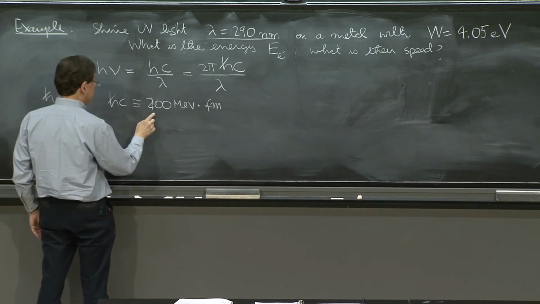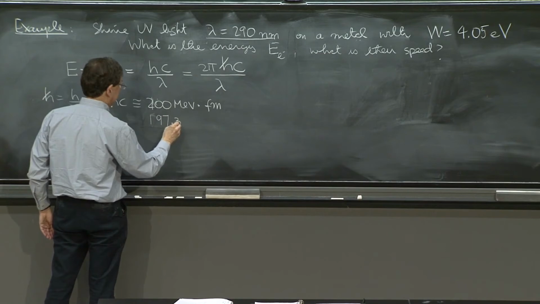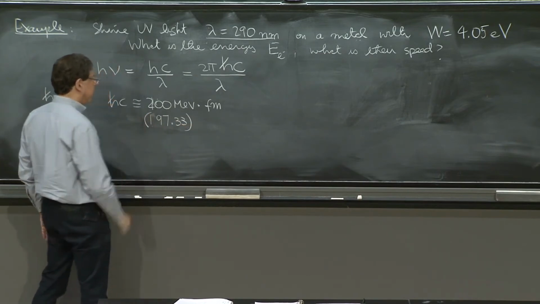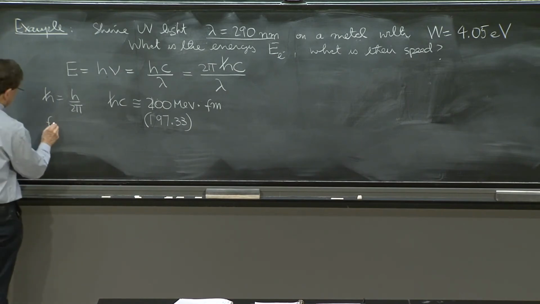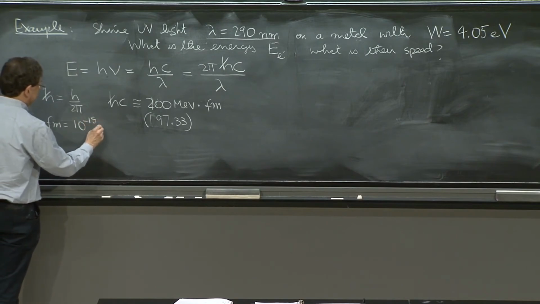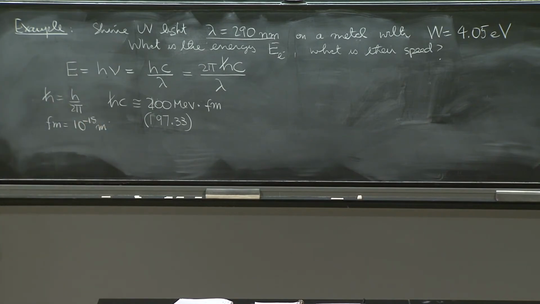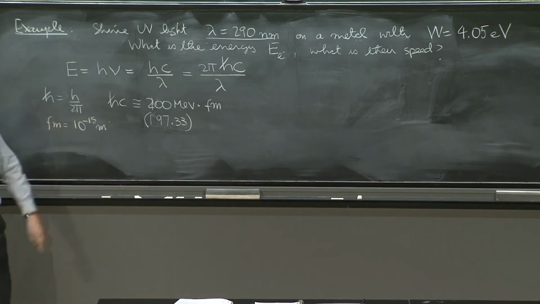If you want it more precise, it's 197.33 if you want to get 5 digits, but it's pretty close to 200 MeV Fermi. And what is a Fermi? It is 10 to the minus 15 meters. Okay. So with this number, I claim you can do pretty much all you want to do.